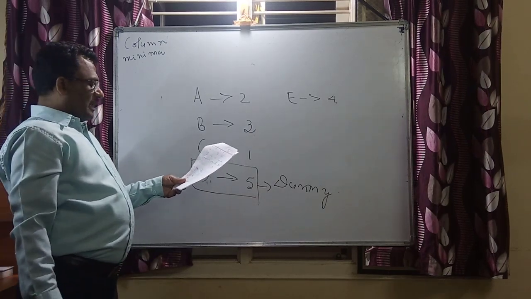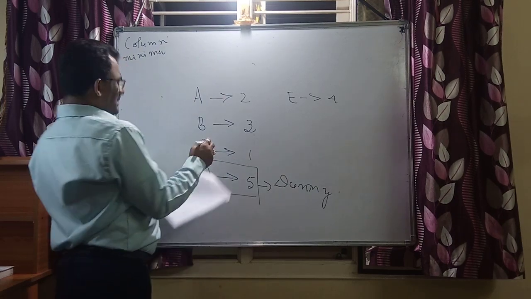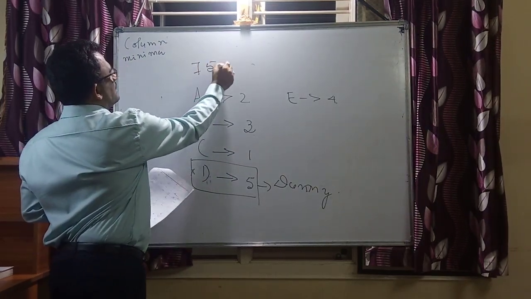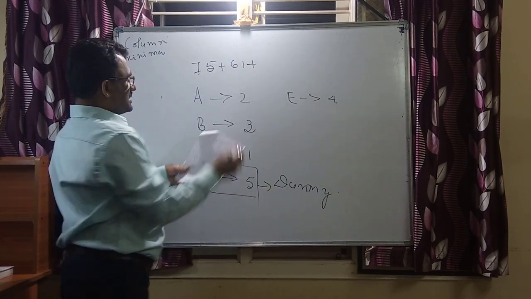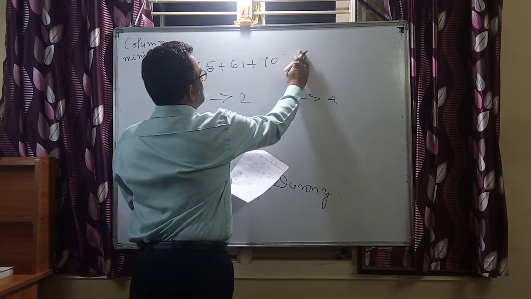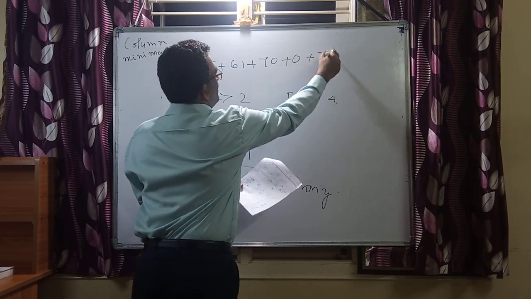Now the overall cost is about 75 plus 61 plus 70 plus 0 plus 70.